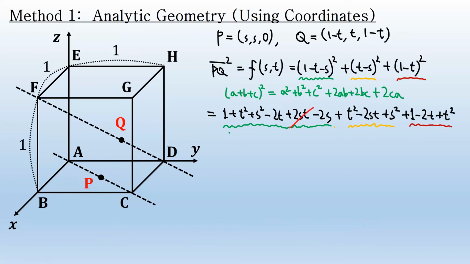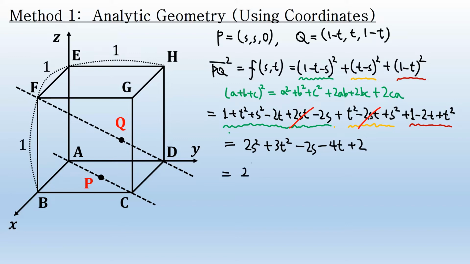Now notice that 2st terms cancel out, and we have 2s^2 + 3t^2 - 2s - 4t + 2. This is a quadratic function of s and t, and we can transform into vertex form for both parameters.